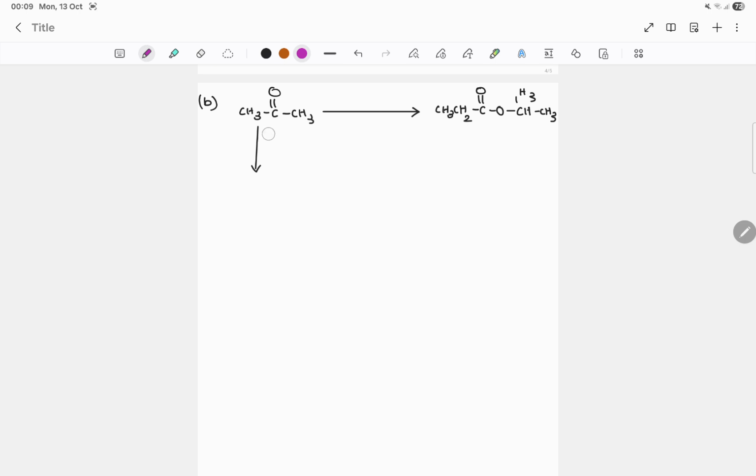We should use the substances given, okay? So I need to reduce this to an alcohol. My first step is reducing this to an alcohol. We need a reducing agent. What is the reducing agent given? NaBH4 and methanol.